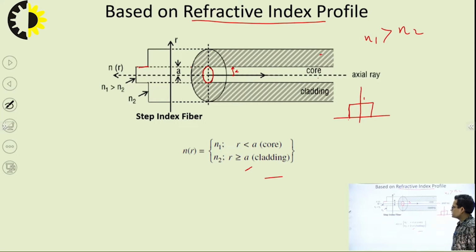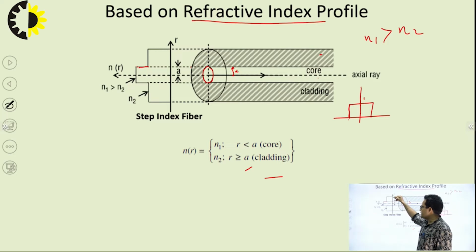The formula is saying N(r). What is N(r)? N(r) is the refractive index variation as a function of radial distance. So there will be a change in the refractive index as one moves from this point 0, the central axis, towards the core and clad interface, right. So this is what this one is indicating.